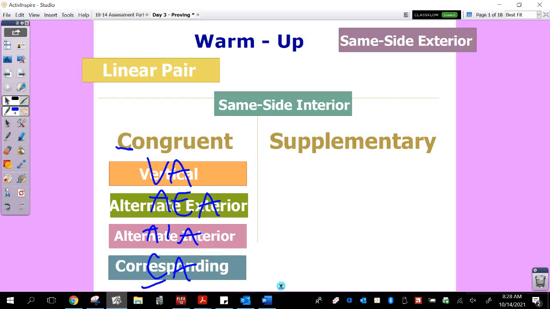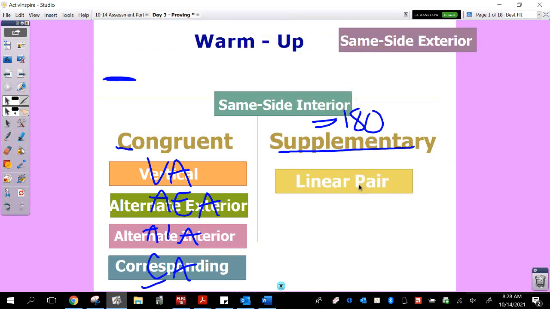Okay. What about supplementary? What does supplementary mean? Equals 180. So, what equals 180 all the time? A linear pair, do you agree it makes a line? A linear pair makes a line. And a linear pair equals 180 because it makes a line. Write that down, please.